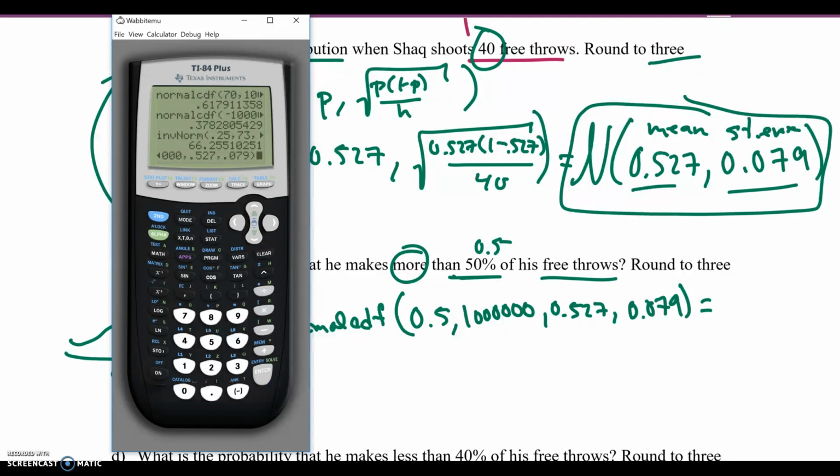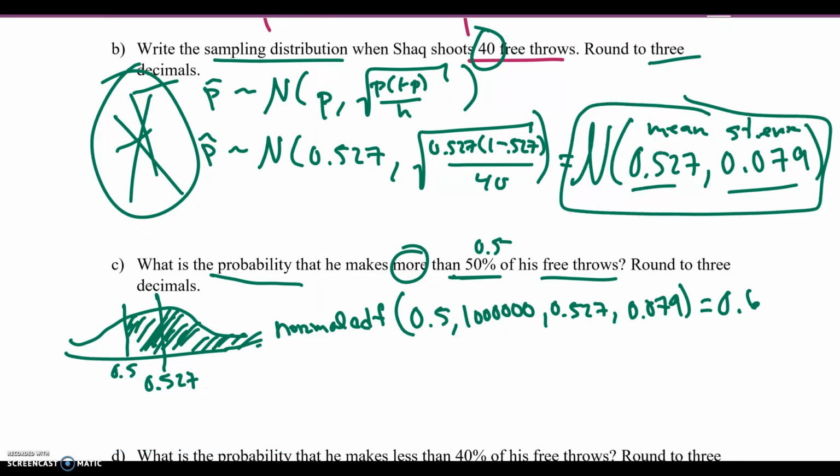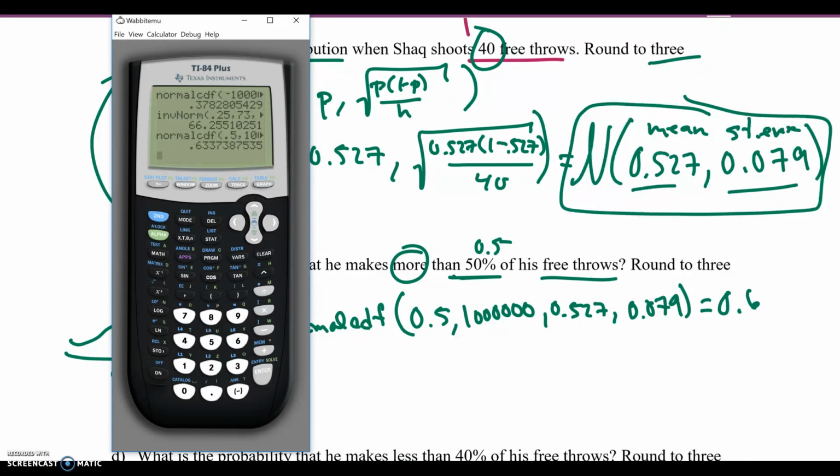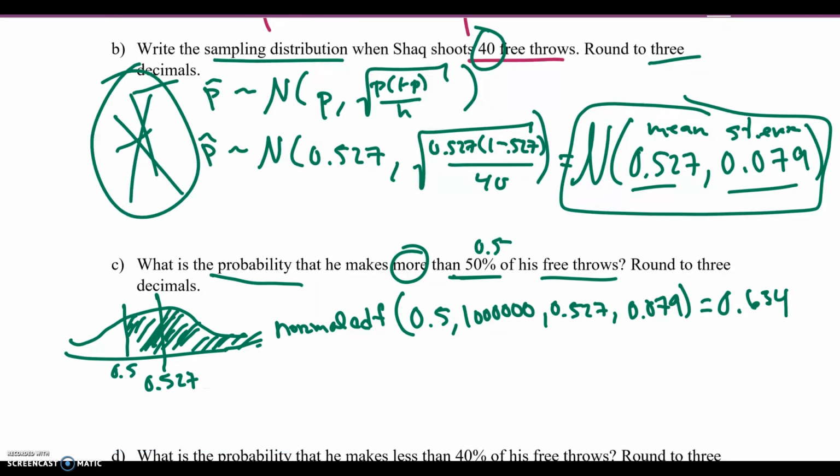If you hear a noise, it's because there's a dog here. I'm going to press enter, and I get 0.634. So this is the probability. The probability that he makes more than 50% of his free throws from the 40 that he just threw is about 63%.